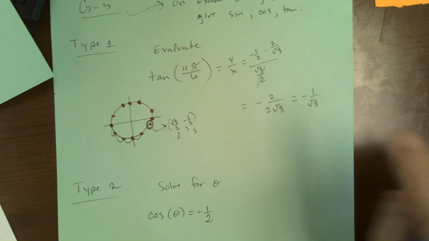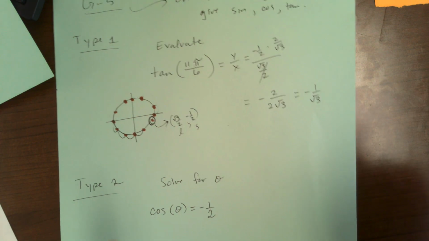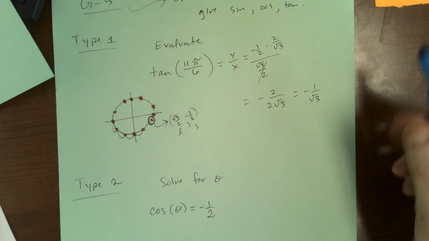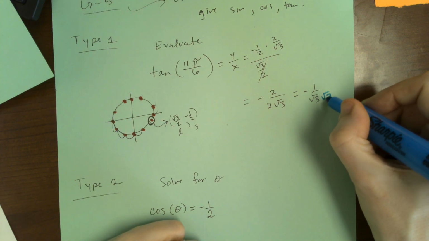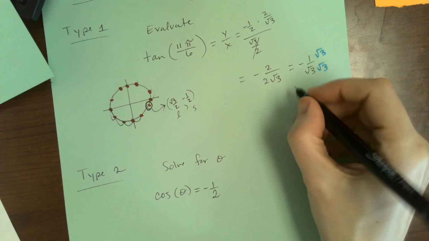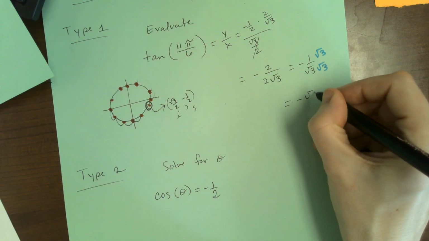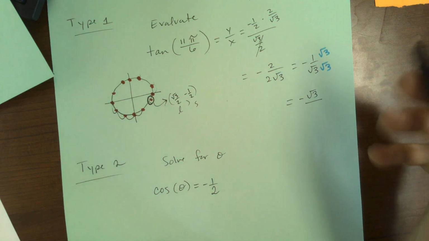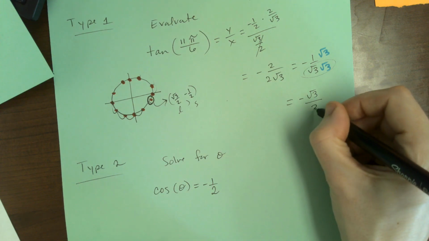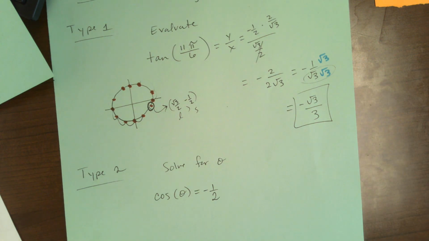So how do I make the bottom not a radical anymore in a way that is mathematically legal? You can multiply by square root of 3 over square root of 3, because that's just 1, and multiplying by 1 does not change the value of anything. So this is negative square root of 3 over, down here, the square root of 9, which is 3. Okay, so that's the final answer there.